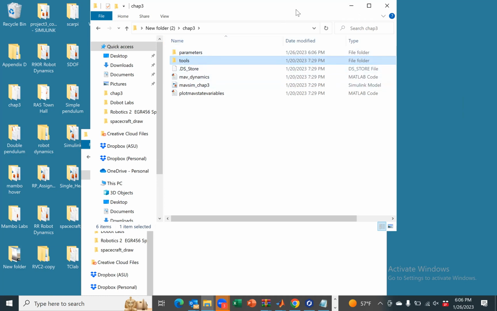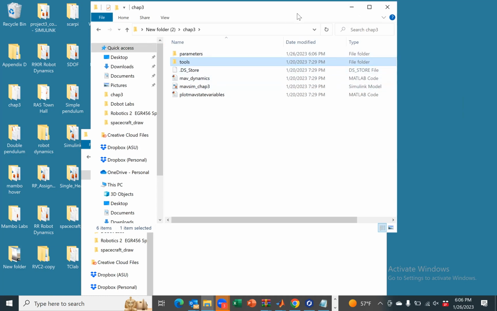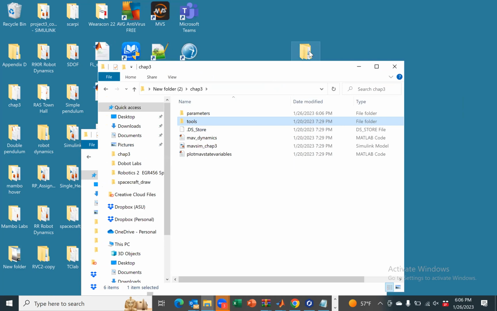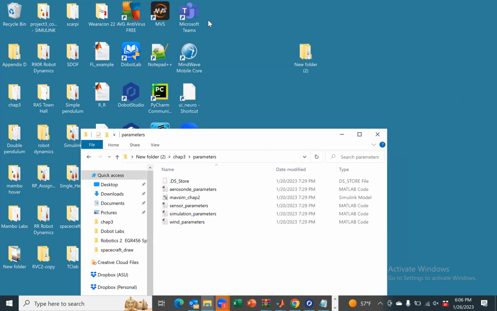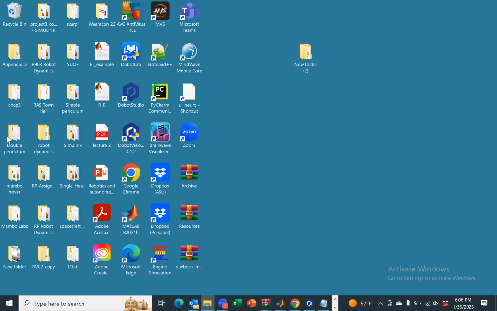Before I begin, I want you to make sure that you have all these folders and files the way shown here, and then you have that appendix D, which is here.